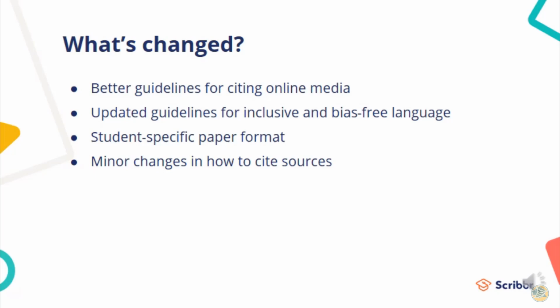It is recommended that the singular they is used for more inclusive and bias-free language. There are specific formatting guidelines for student papers compared to academic or professional papers, and there is a sample paper. And there are some additional small changes in how to cite sources.